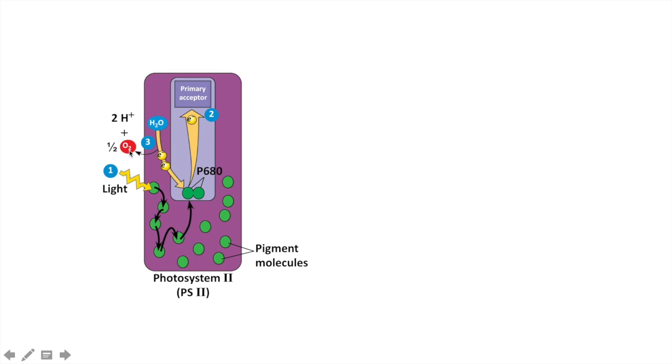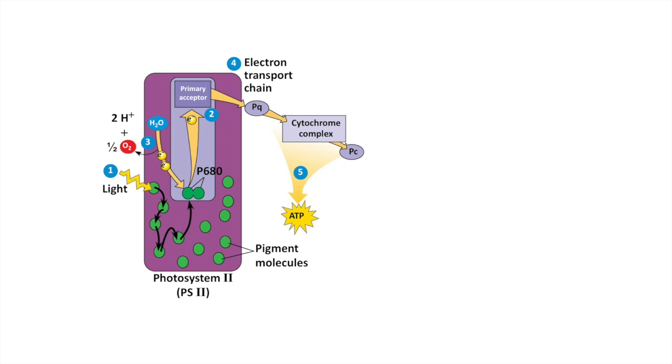It happens in this very first step of photosynthesis as light bounces the electrons around, and it can pull the electrons off of the oxygen in water, releases oxygen gas, and then those electrons can be passed along an electron transport chain, just like we saw in cellular respiration, and producing ATP in much the same way.